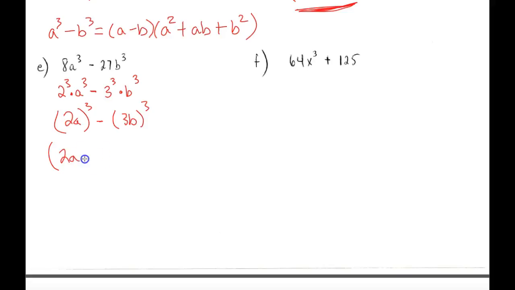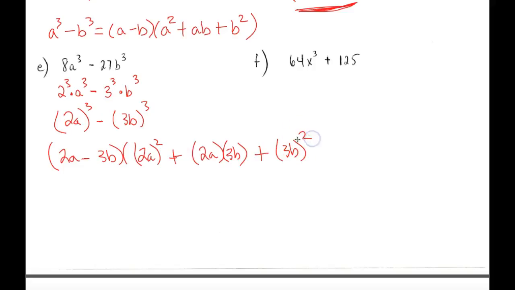So when we do that, this will just be 2a minus 3b, and then we will have 2a quantity squared plus, and now we'll say a times b, which is in this case 2a times 3b, and then we'll say plus b squared. In this case, that would be a 3b quantity squared.